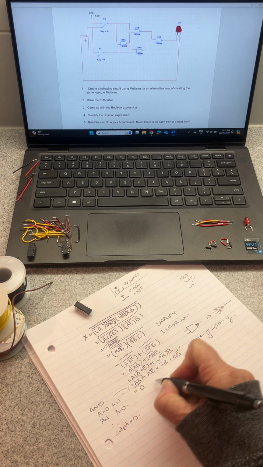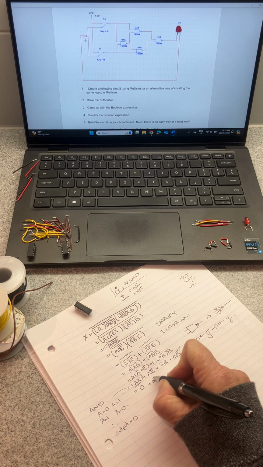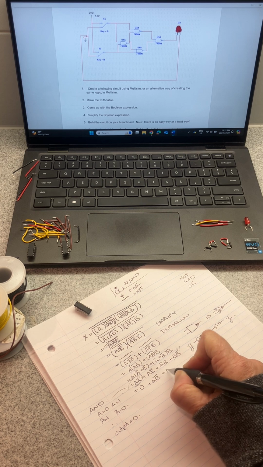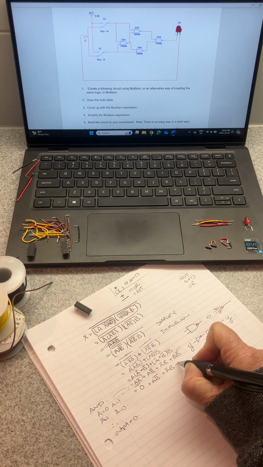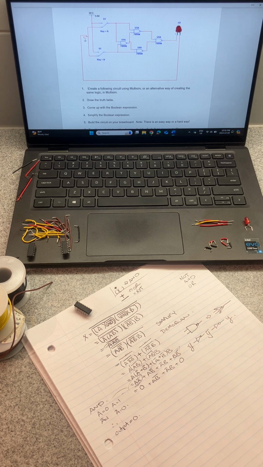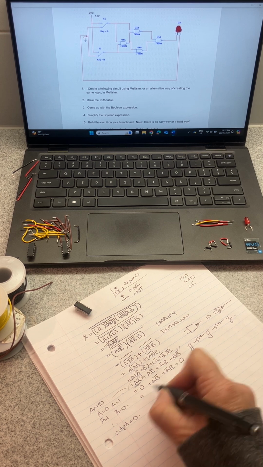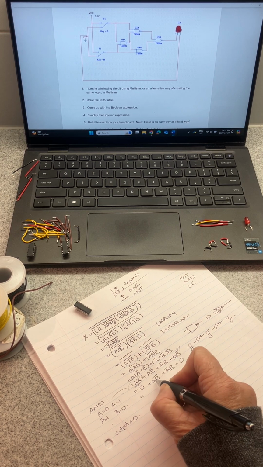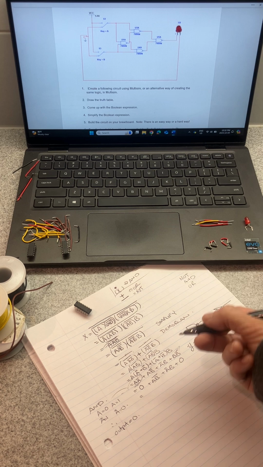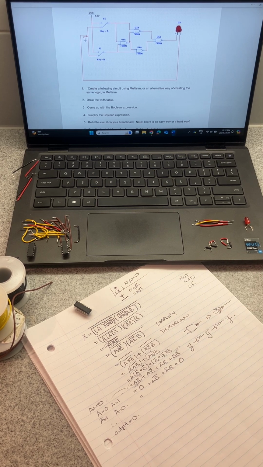So I like to put that line there just to understand that it didn't equal 0 in the numerical sense of counting, but the expression results in a 0. And 0 OR anything is the anything that you put in, because if anything is 1, the answer is 1.